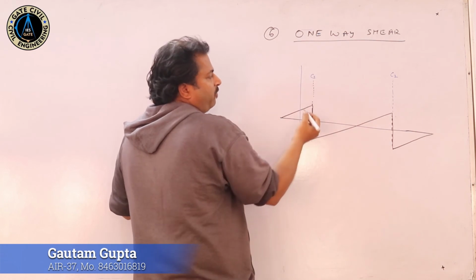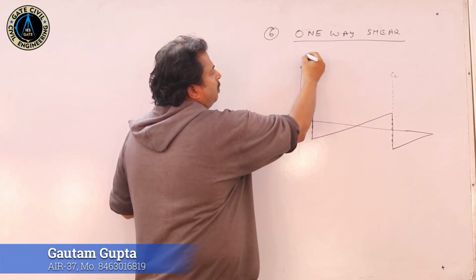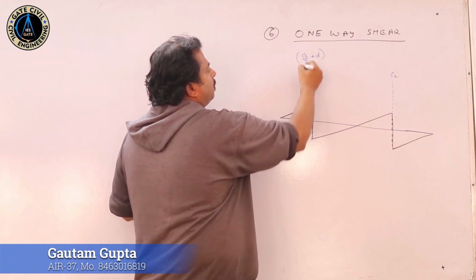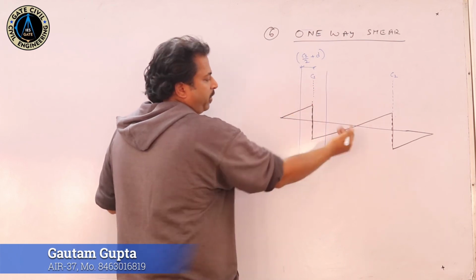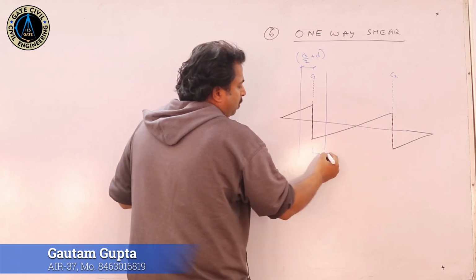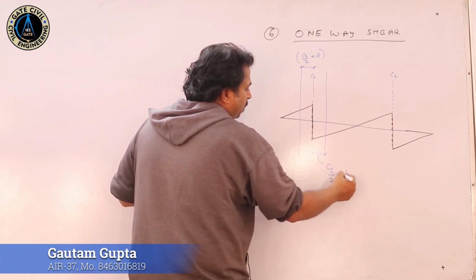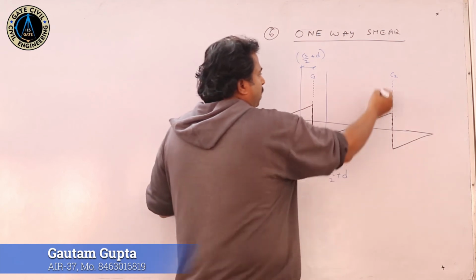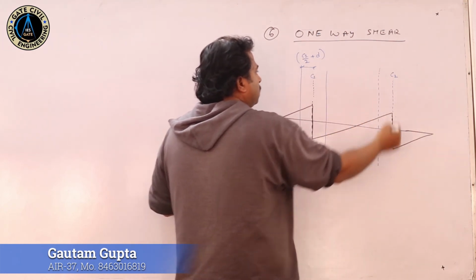So from the face of the column, this distance becomes C1 by 2 plus d. Similarly, at this point also, on the right side, this distance also becomes C1 by 2 plus d. Here, this is the critical section.